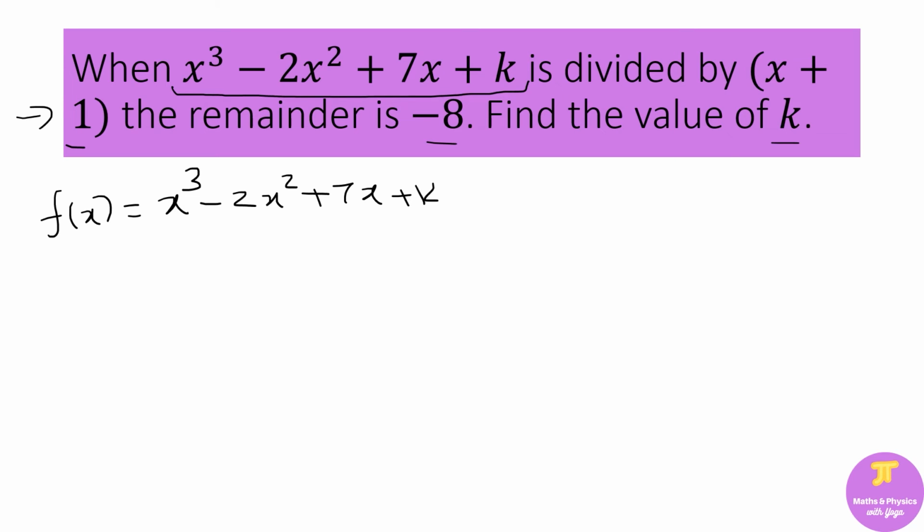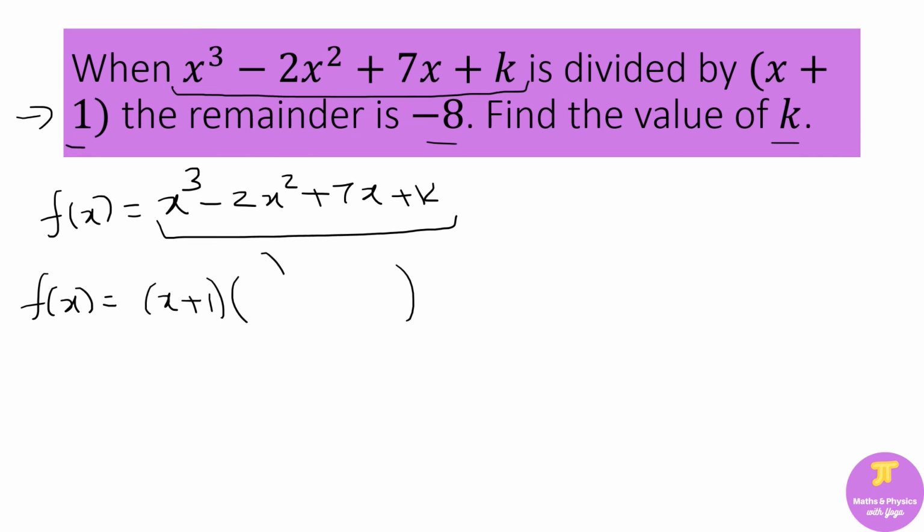So they are asking me to find the k. Okay, so f(x) is this one, and they are dividing by x plus 1. So you can convert this into x plus 1 times something, we don't know what that is, so that's the quotient, plus the remainder, which would be minus 8.